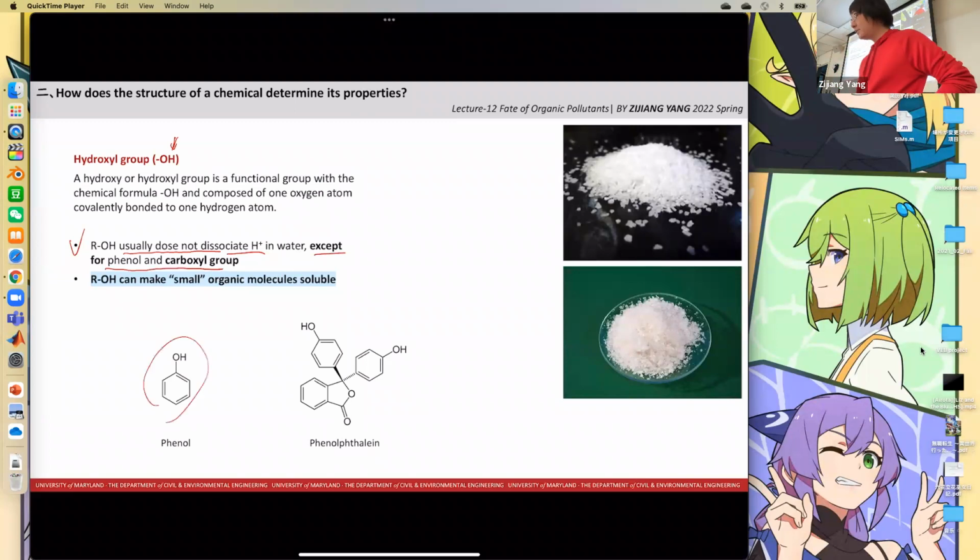So phenol can dissolve in water. And the most important point is that the hydroxyl group can make small organic molecules soluble. On the right side, this is the picture of phenol, and this is a picture of phenolphthalein.